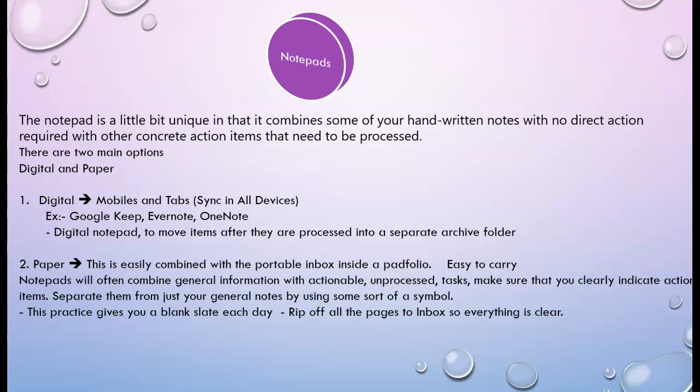For example, with the physical inbox, we dump unprocessed items and later schedule them on a weekly basis, and the portable one you can carry anywhere and do similar things to process it. And for digital and paper, it does the same thing, but in the end you should not have anything. You should have a blank slate all the time, so that it is clear for you.